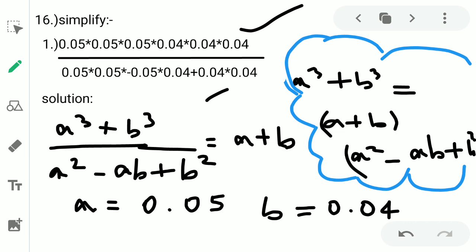They have asked to simplify. Since the question is in divided form, we have to make it also in divided form. So a cube plus b cube divided by a square minus ab plus b square equals a plus b. So what we have to find is a plus b. When I find a plus b, it is very easy. So a equals 0.05 and b equals 0.04.